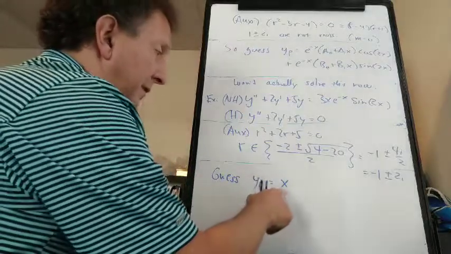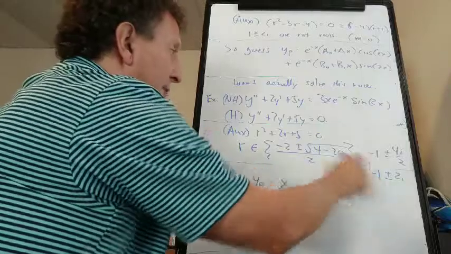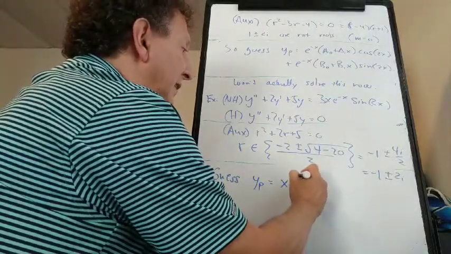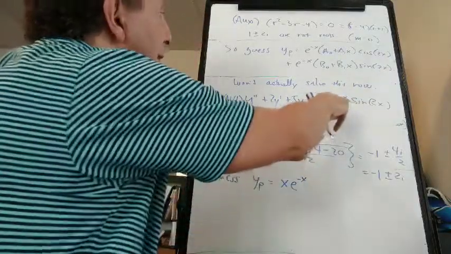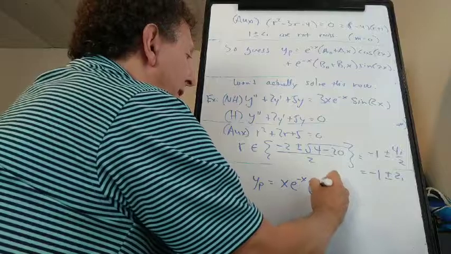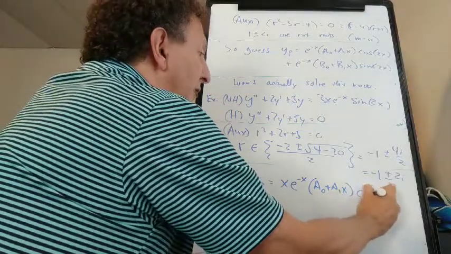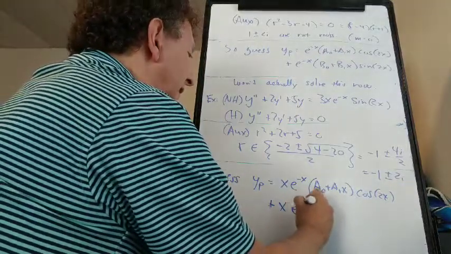So we'll guess, first of all, x to compensate for this already being a root of the auxiliary equation, e to the negative x, and then we have a 3x here, so we need (a naught plus a1x), and then cosine 2x, plus x again, e to the negative x.